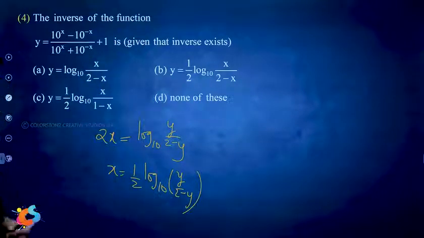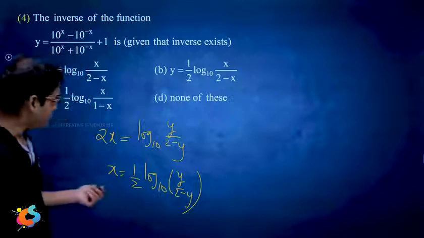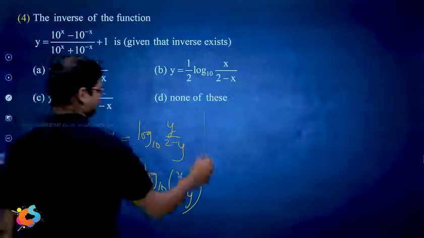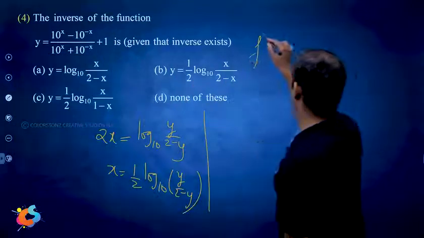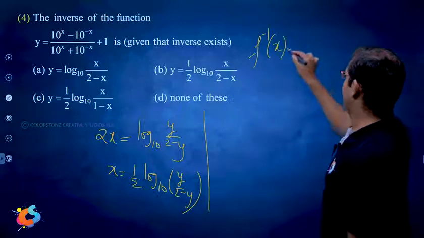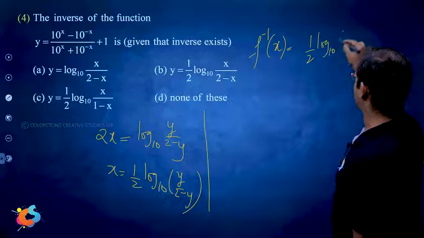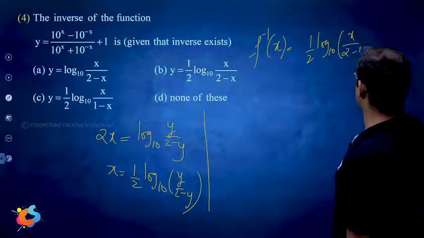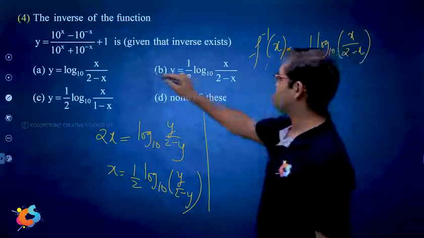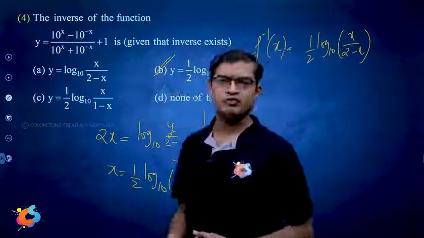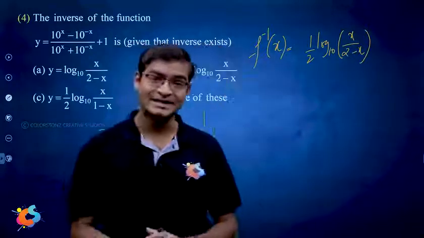So after this, it is very simple. If you want to find f inverse of x, then half of log to the base 10 x by 2 minus x. So that will be option B. So very simple. That is how we have discussed CET questions also.